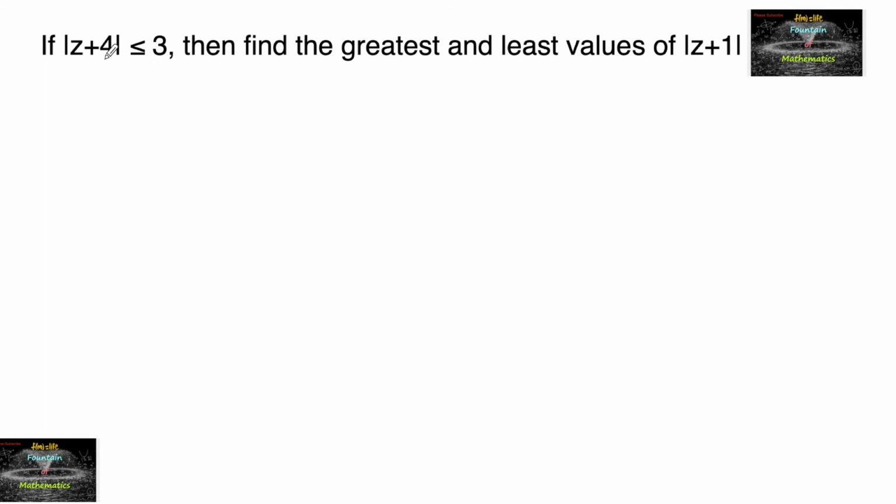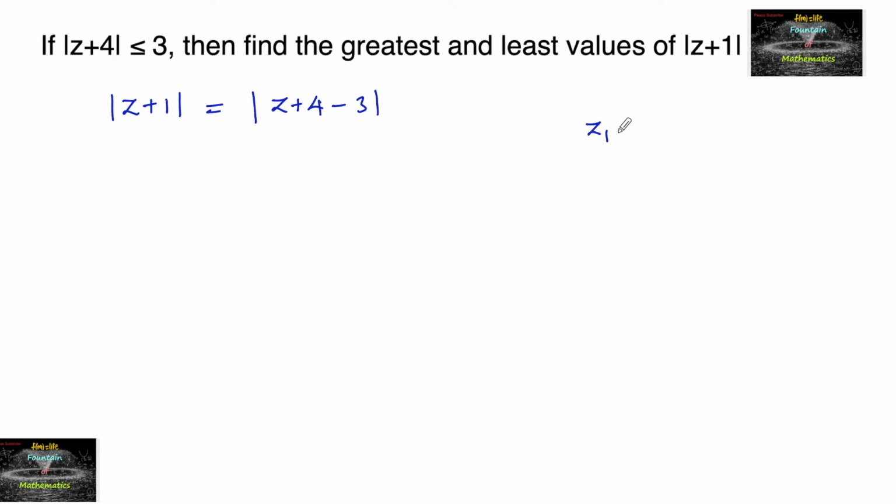If mod of z plus 4 is less than or equal to 3, then find the greatest and least values of mod of z plus 1. So mod of z plus 1, we can write as modulus of z plus 4 minus 3.